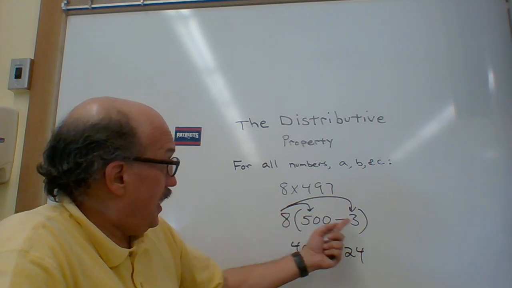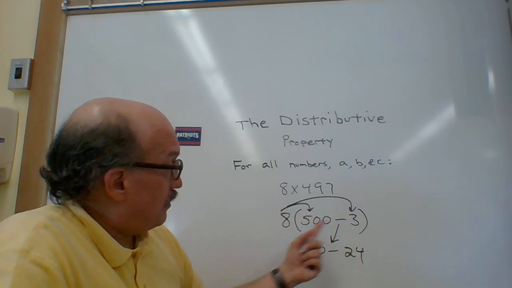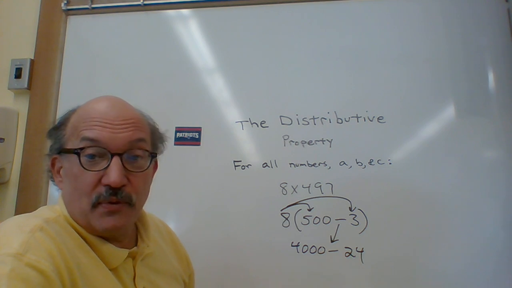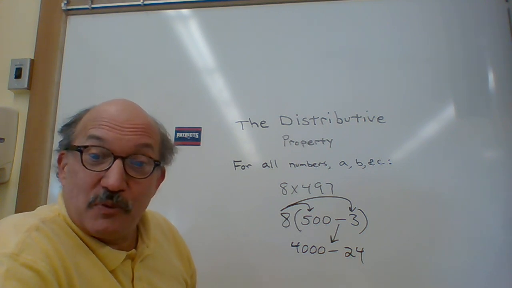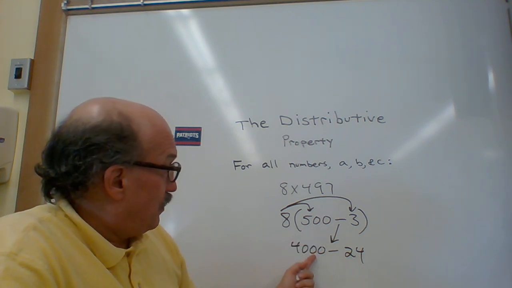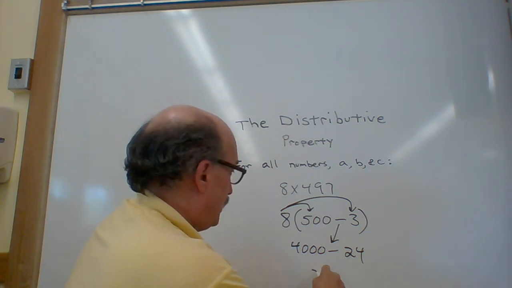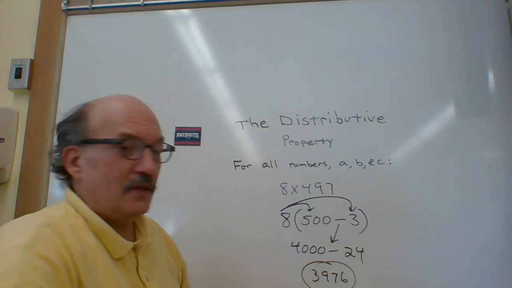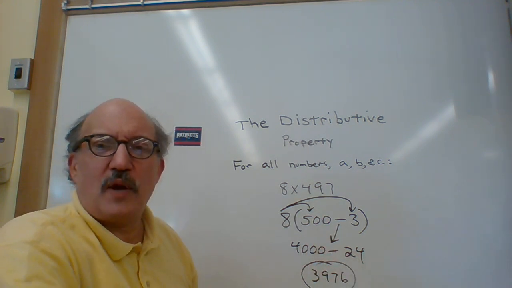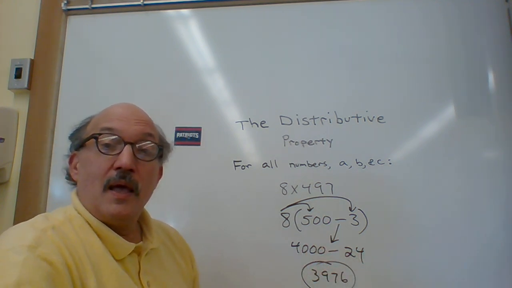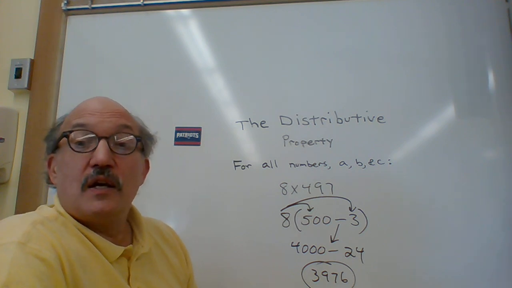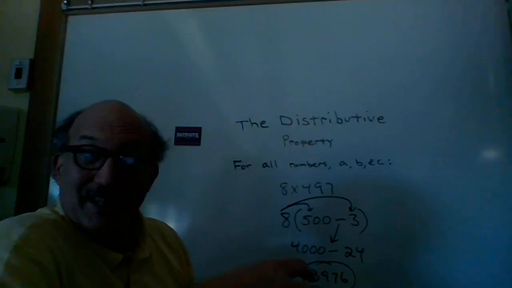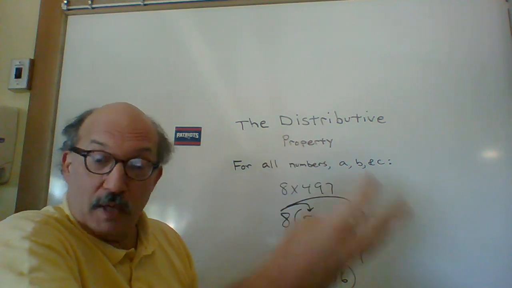This 8 is in the distributive property. This 8 is being multiplied by the 3, and so we subtract 24 from the 4,000 to get the same answer we did last time, 3,976. So the distributive property works with subtraction as well. You might have noticed that so far we've multiplied a single digit number by some other number.